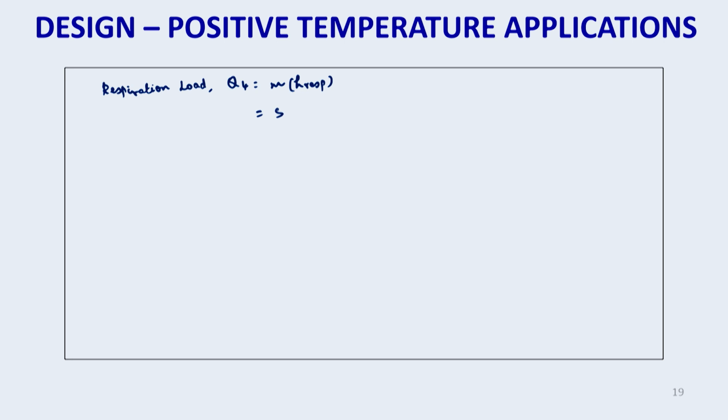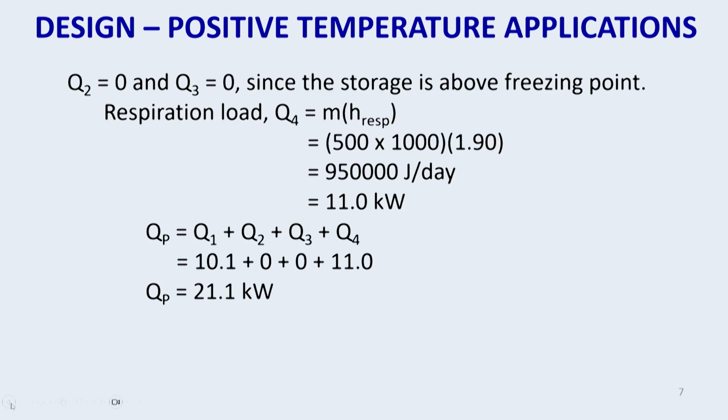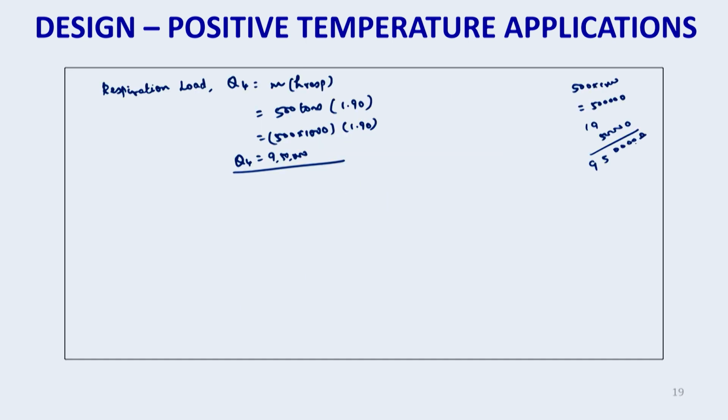So it is 500 tons into 1.90, which is 500 into 1000 into 1.90. Q4 is again per day, so 9,50,000 kilojoules per day.